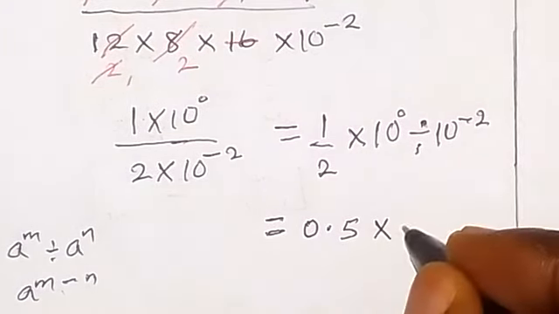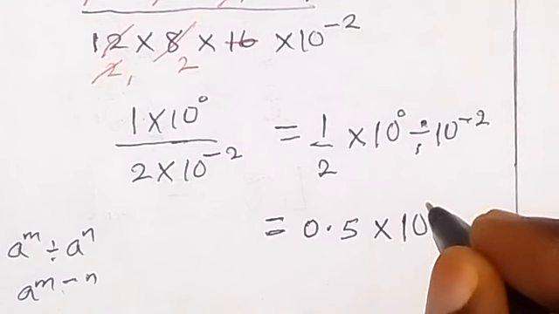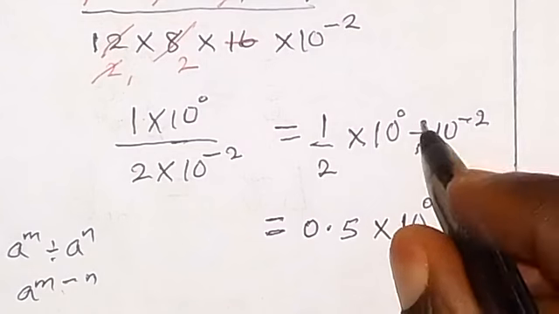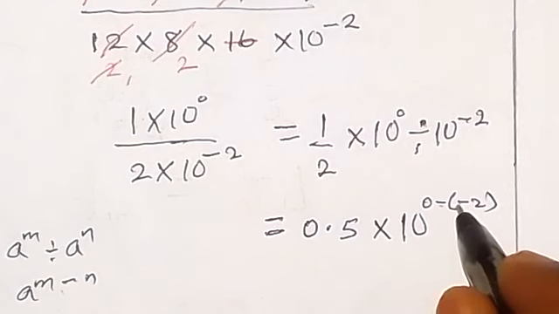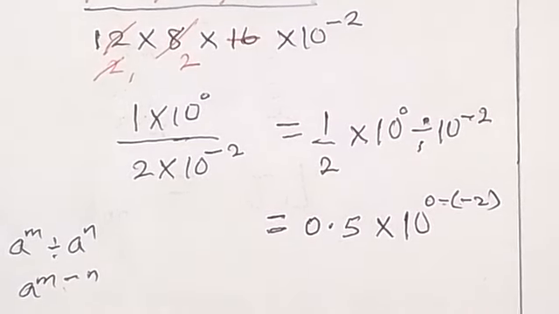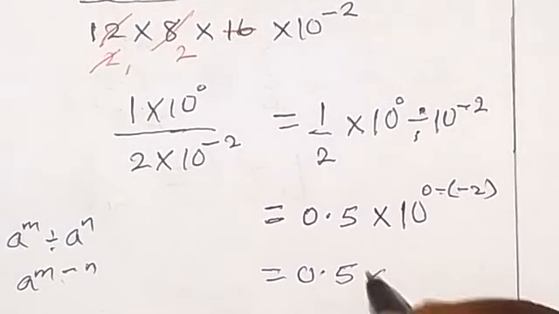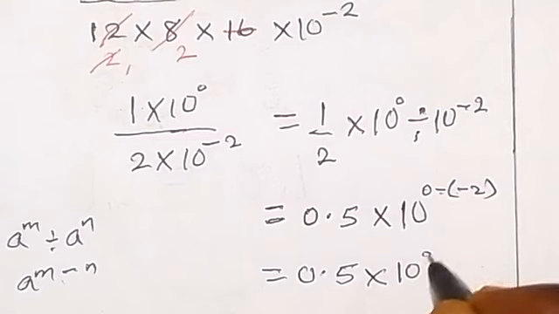Same thing here, that's 10 raised to the power 0 minus minus 2, because division here is minus, and minus minus becomes plus. So we can now say this is 0.5 times 10 raised to the power 2.